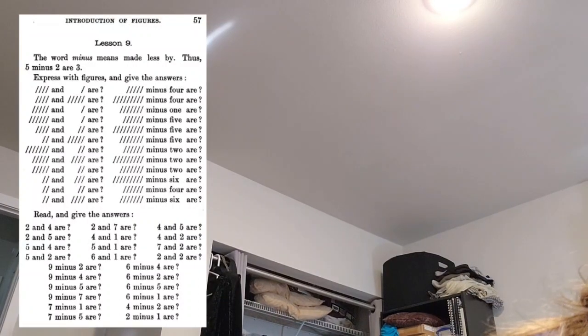1, 2, 3, 4, 5, 6, 7. 8 minus 5 are 3. 1, 2, 3, 4. 5 minus 2 are 3. 1, 2, 3, 4, 5, 6, 7, 8, 9. 9 minus 2 are 7. 1, 2, 3, 4, 5, 6, 7 minus 2 are 5. 7, 8, 9. 9 minus 6 are 3. 6 minus 4 are 2. 7 minus 6 are 1.